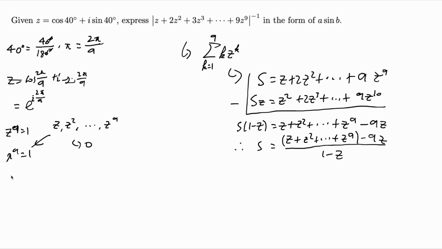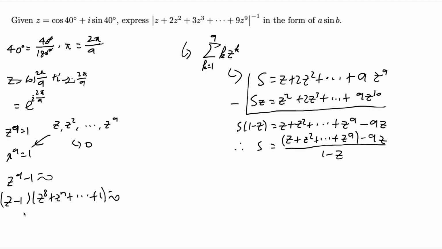Or the other way to think about it is let's just factor it, just in case this thing is not clear. So we get z minus 1 times z to the 8 plus z to the 7, wait, is it right? 9, 8, 8, oh yes, it is right, plus dot dot dot plus 1, right?